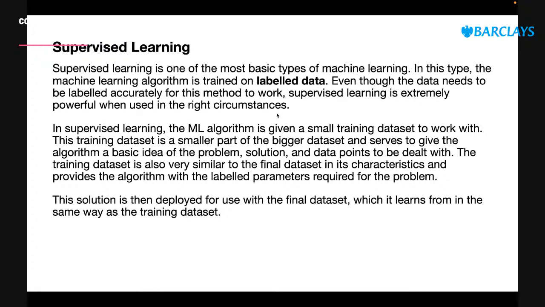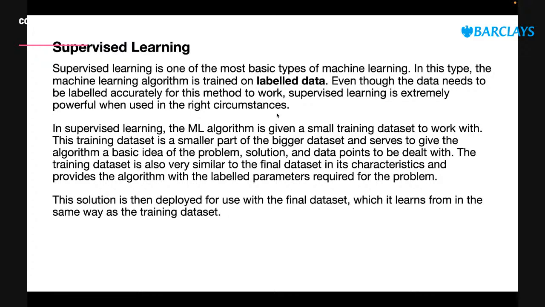In supervised learning, we feed just a small training set. In unsupervised, we have to give a larger training set to understand how it works, but in supervised, we have to give only a small training set. The bigger data set we preserve for our testing purposes.